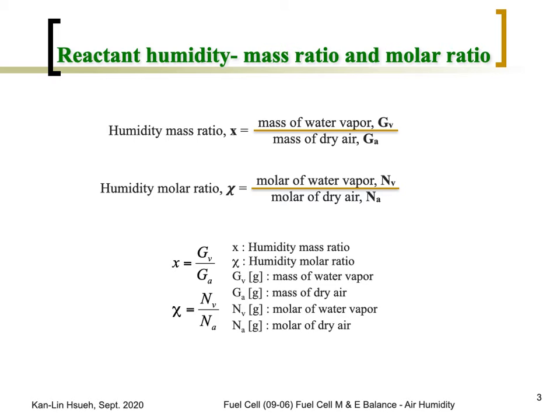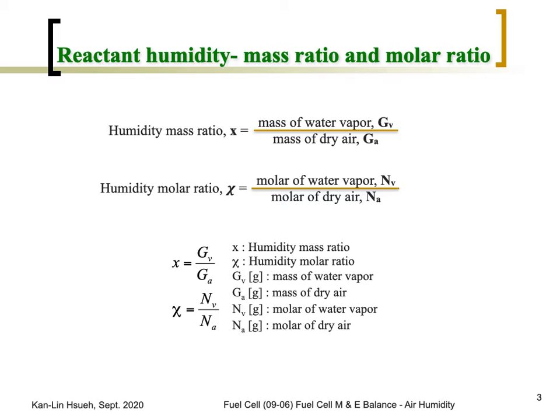Actually, in the air, since there's water in there, it's wet air. But in the most common definition we use the dry air, because during the humidification process, the moles or the kilograms of the dry air do not change, but the total wet air mass or moles will change.